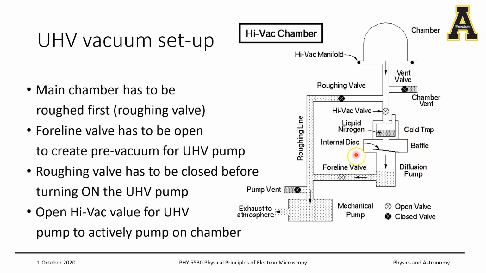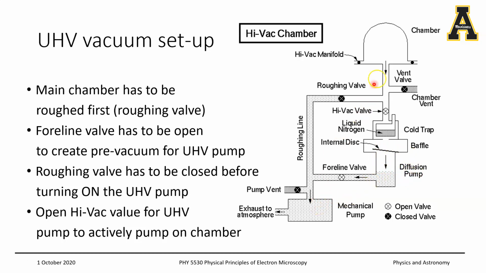And here they have described a diffusion pump, so you can replace that with a turbomolecular or an ion pump or a cryo pump, doesn't matter. But this is the pump that is responsible for ultra high vacuum. Okay, and then you have the mechanical pump, which is the rotary vane pump that we just discussed, which is also connected to the diffusion pump. Now the whole idea is that you don't want to expose your ultra high vacuum pump to atmospheric pressures while pumping down. And we will talk about that later when we discuss these pumps individually.